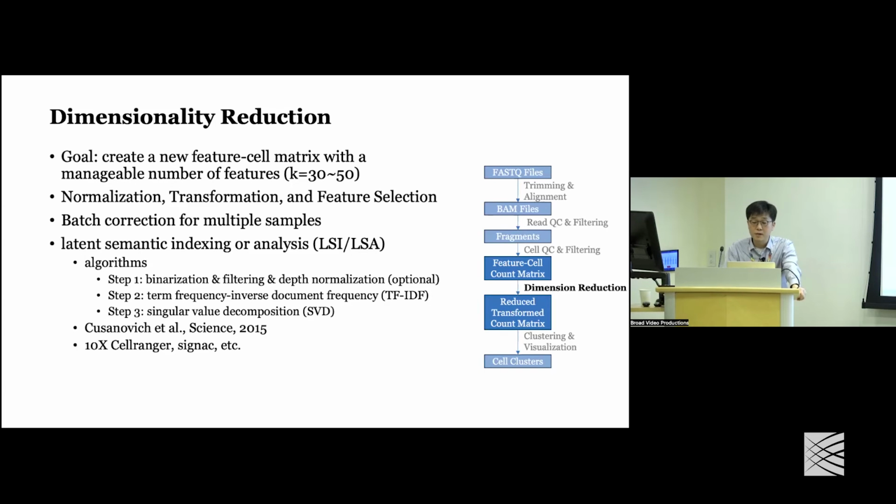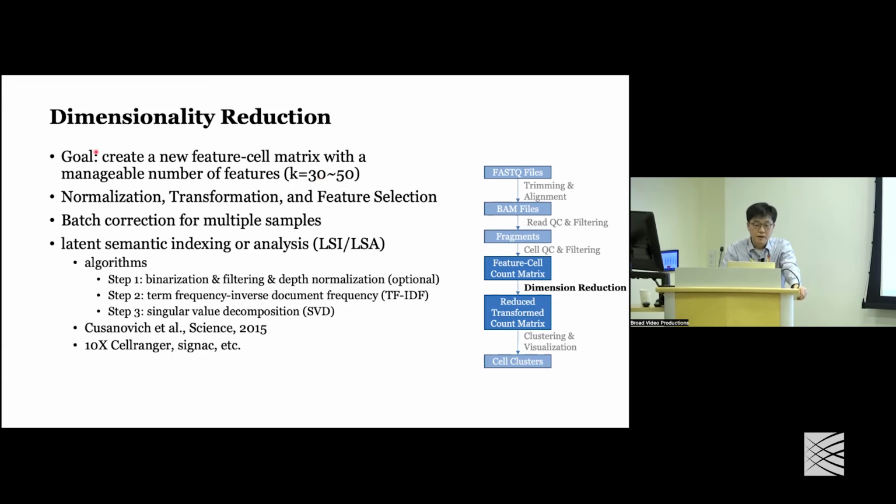The goal of the dimensionality reduction step is to transform the original feature cell count matrix that I described in the previous slides into a new count matrix with a manageable number of features, usually K equals 32, 50, or 100. But you also have to preserve the information encoded in the original feature set count matrix as much as possible.